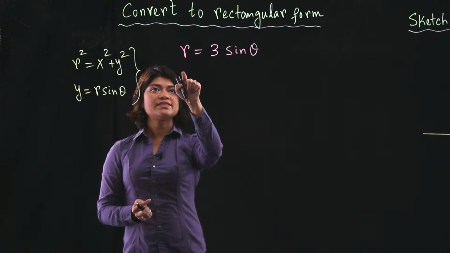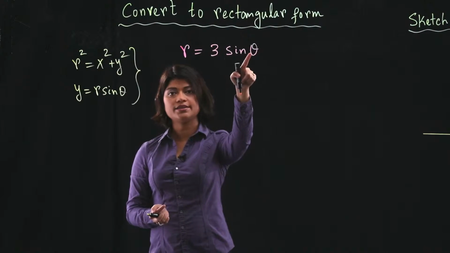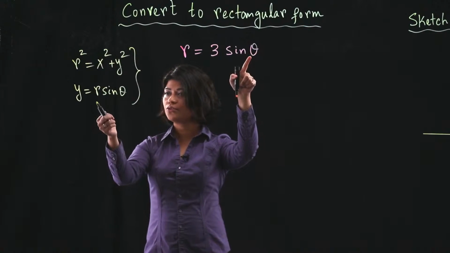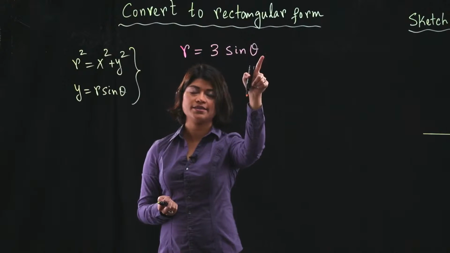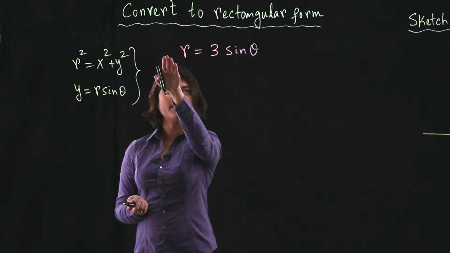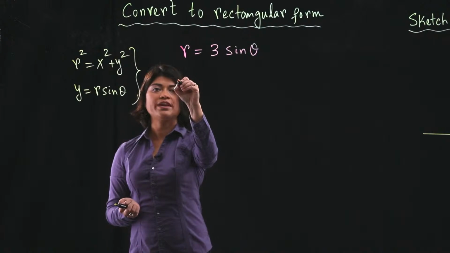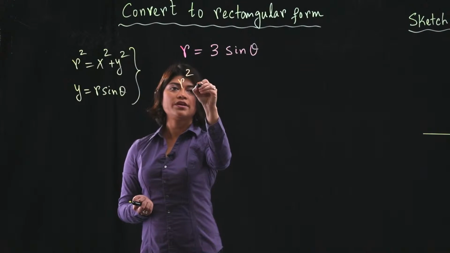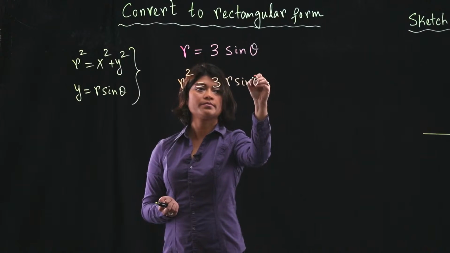Now, this is r equals 3 sine theta. Notice if we have an r sine theta on the right hand side, we can right away replace it by y. So how can we have an r sine theta? Well, let's multiply throughout by r. So left hand side we have r squared, right hand side we have 3r sine theta.